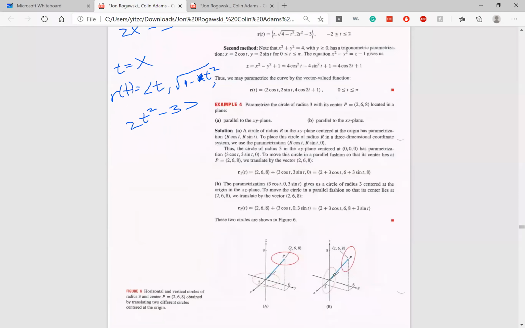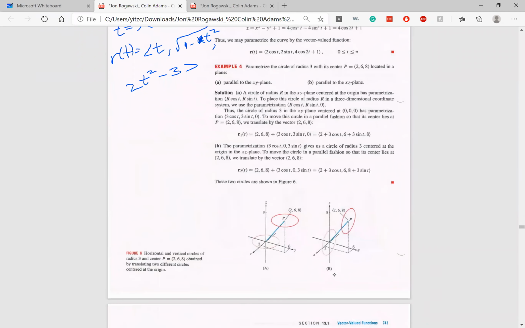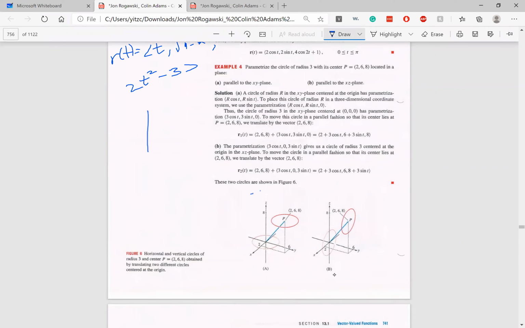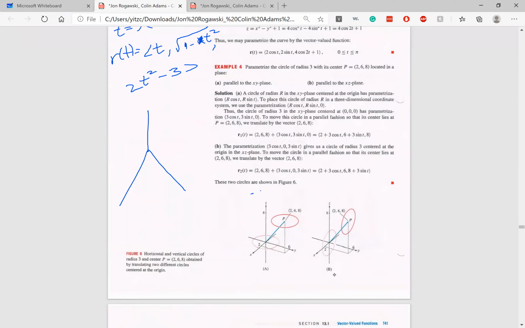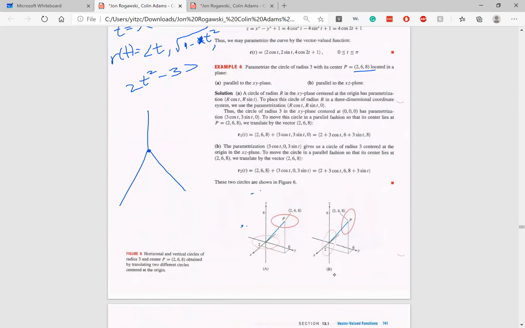So now they want us to parameterize the circle of radius 3 with its center over there, located in the plane parallel to the xy plane and parallel to the xz plane. Okay, so when you have a circle and you know its center, here's your center, you should always try to think about a curve that starts at the center.